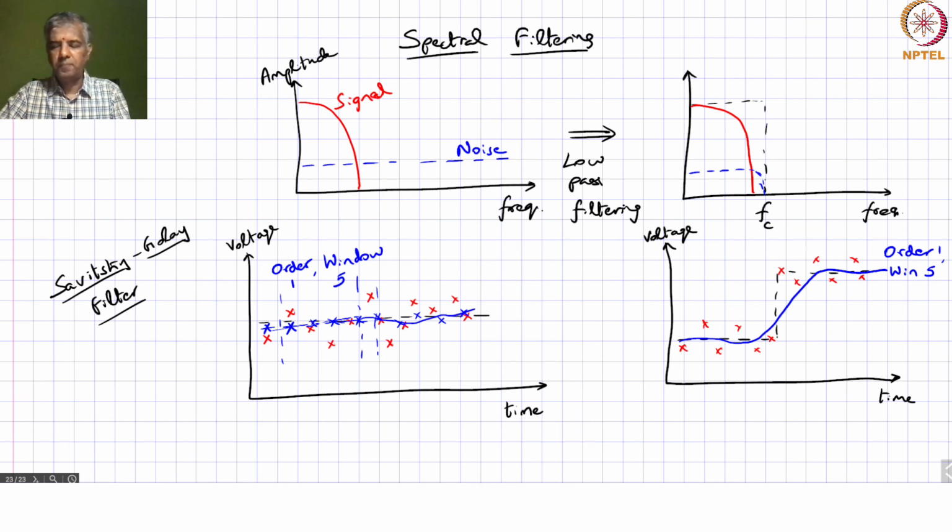So what is the better filter to go for? Maybe you can go for a second order filter. If it is a second order filter, then it takes all these samples and does a parabola, a quadratic fit to this, and then replaces the sample and so on.